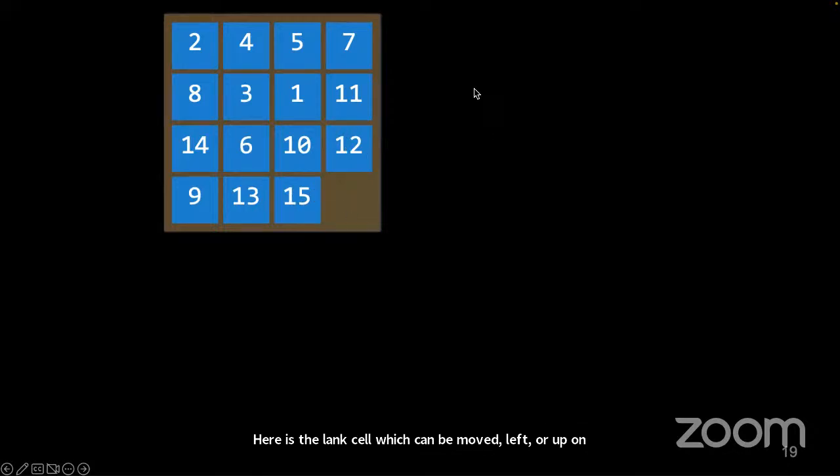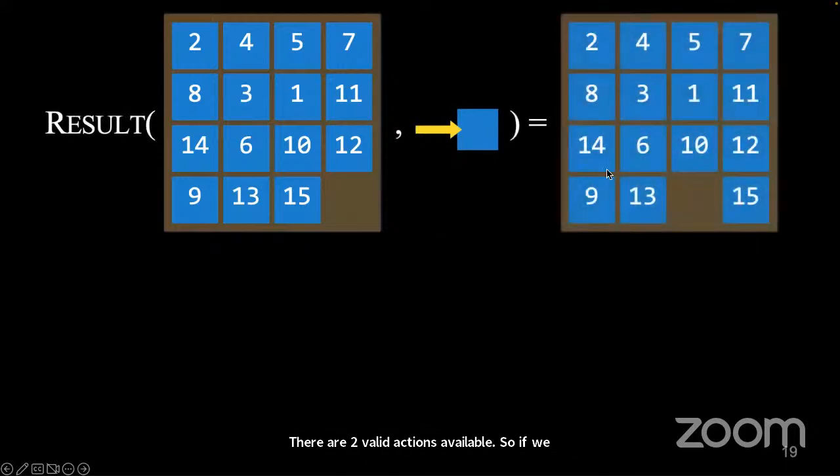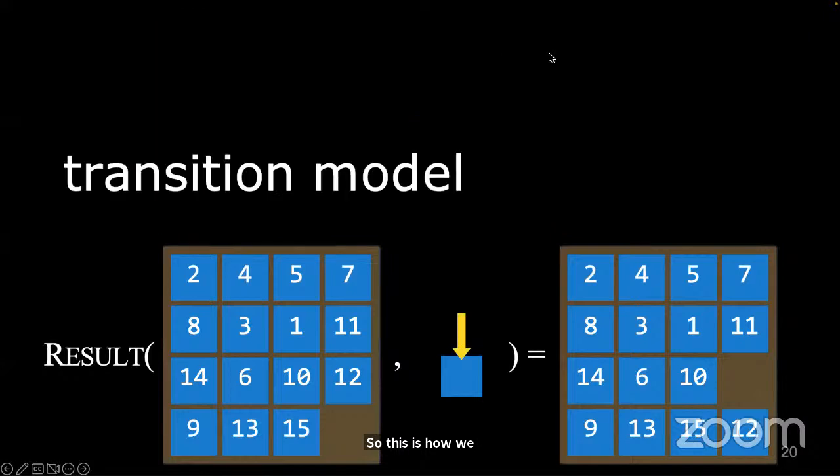There are two valid actions available. So if we select one action, then the resultant state will look like this. And if we consider another action, then the resultant state will be different. So this is how we represent the transition model in a mathematical way.